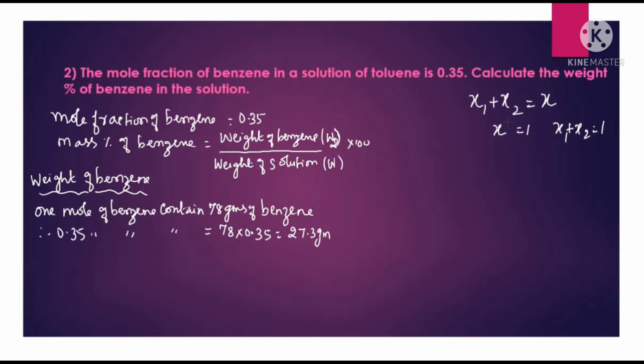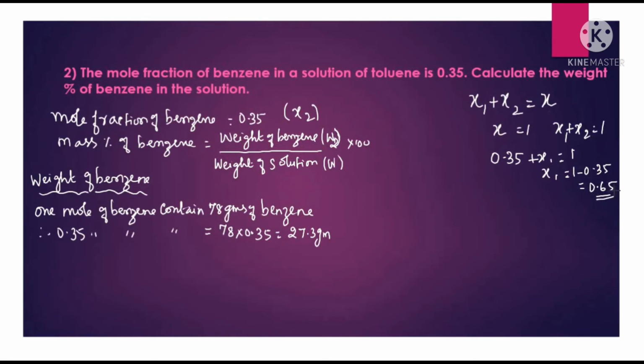So we are going to follow the same principle. x1 we don't know, x2 we know, that is 0.35. So 0.35 plus x1 is equal to 1. So x1 is equal to 1 minus 0.35. So what is the value? It is 0.65.